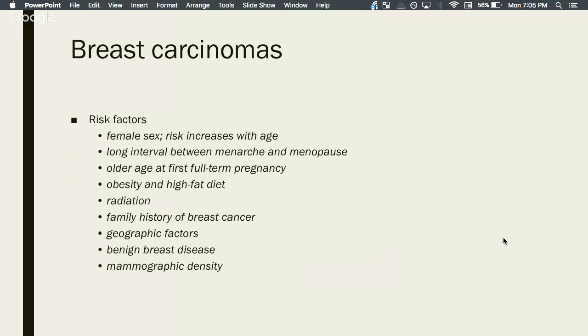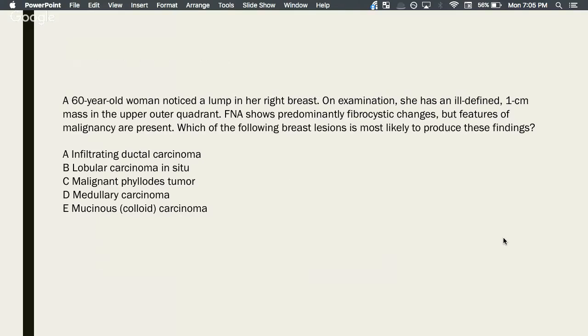This is an estrogen-dependent tumor, so the longer you have estrogen, with a long time of menses, older age at first pregnancy, obesity, and exposures like radiation, geographic factors, and history. If they had benign breast disease or a family history of breast cancer, those increase your risk.